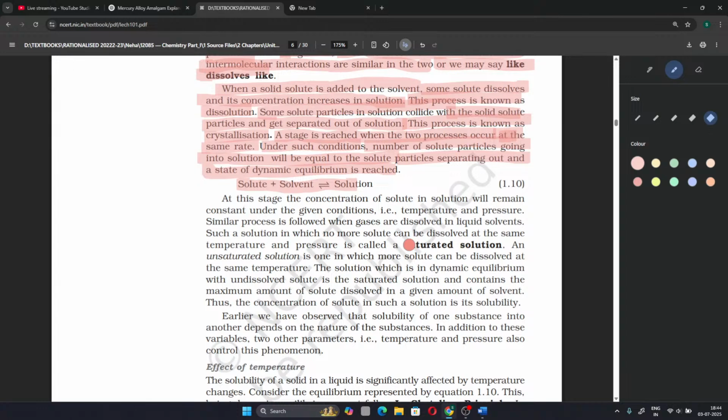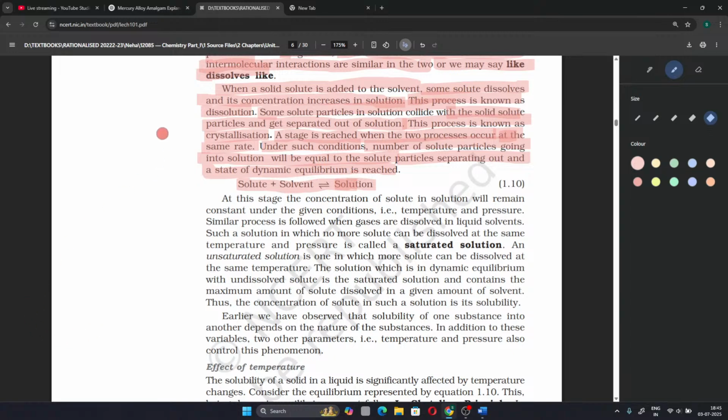When we dissolve anything like sodium chloride in a solution, there is a dynamic equilibrium state where solute and solvent exist separately on the left hand side here, and they mix to give the solution on the right hand side.